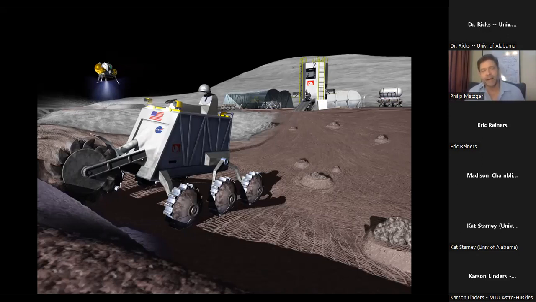Yeah, so I did get the experience two years ago, or however many years ago it was, where I came up to Alabama and helped judge that competition. And it is a good simulant. It does display a good simulation of lunar soil in general.